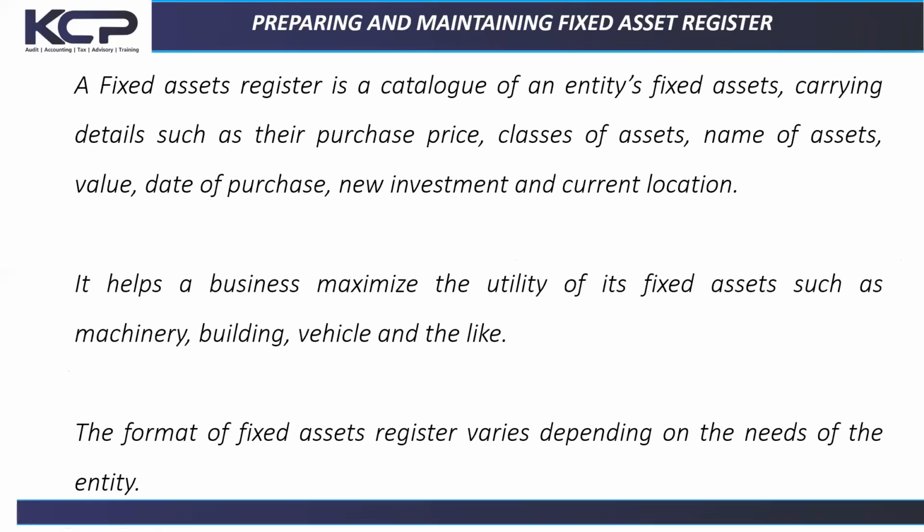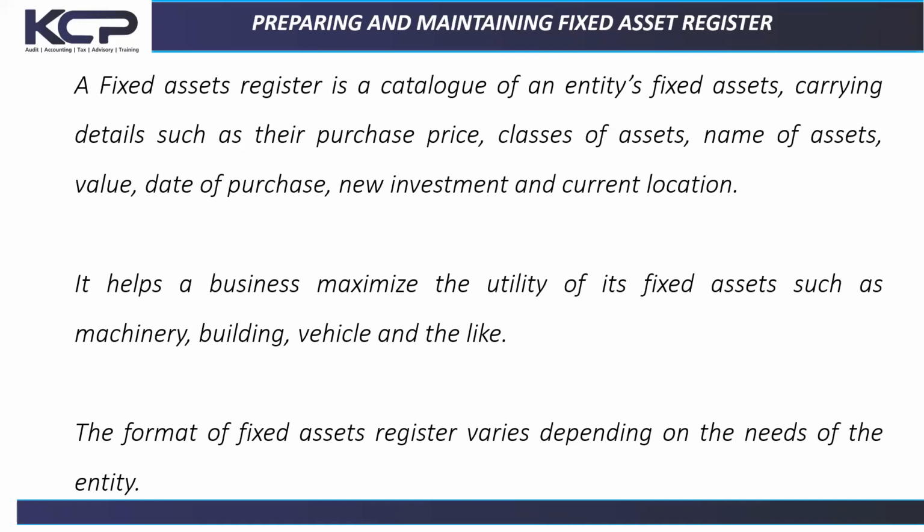Then the fixed assets register. That is now talking about what a fixed asset register is. As the name implies, it is a register that contains a list or the details of the assets in question. The very relevant part of it is that it lets us locate what the asset is, when it was acquired, how many there are in terms of quantity, what the location of the asset is, and who uses it.